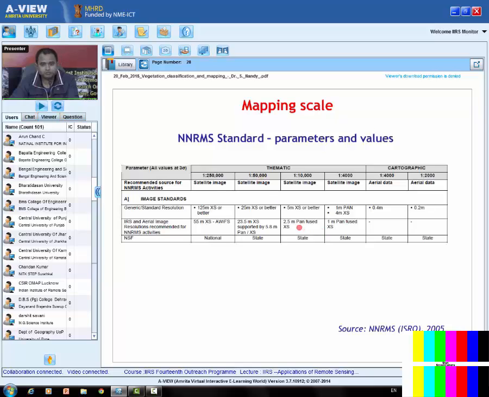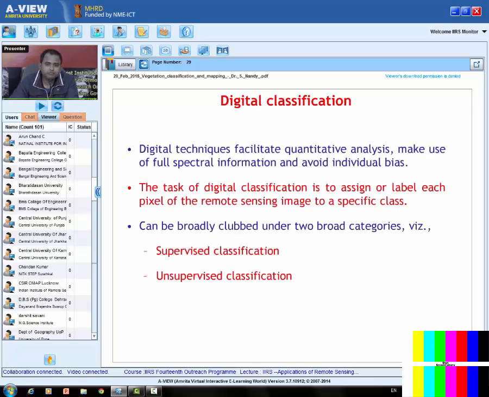If I am using 2.5 meter, my mapping scale should be 1:10,000, like this. So mapping scale is driven by the spatial resolution of the data. So this is all about visual interpretation, how you visually interpret different land uses in an area based on different image interpretation elements.